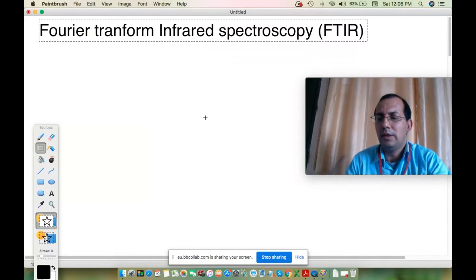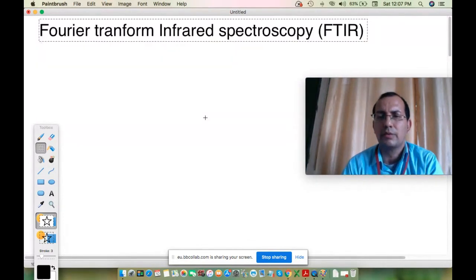First of all, again, these are characterization techniques, and students look at their samples with the help of FTIR, X-ray diffraction and transmission electron microscopy.